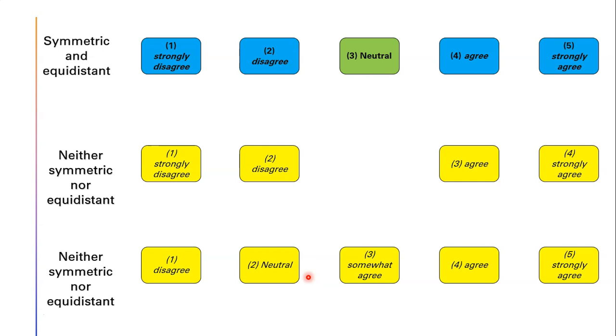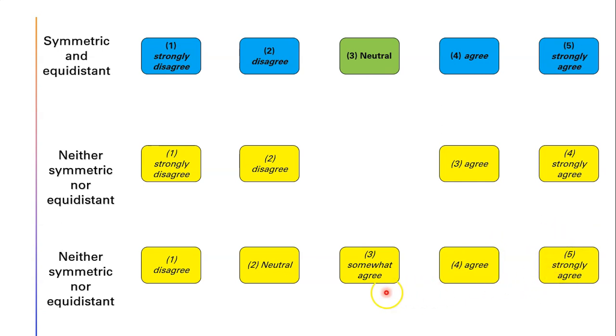Also, it is not equidistant, because if you compare this scale with the first scale, you would see that the distance between point 3 and point 4, as well as the distance between point 4 and point 5, are equal. But here you cannot see that equality, and the distance between point 2 or neutral and point 4, which is agree in this scale, is double the size of the distance between agree and strongly agree.